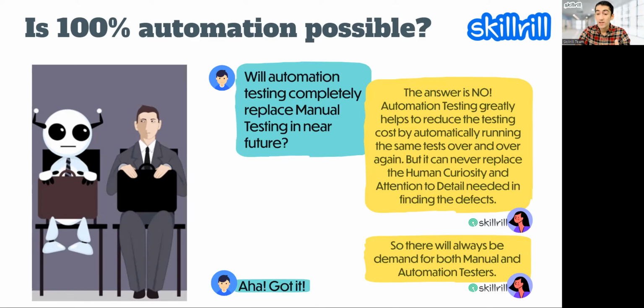When the build is more or less stable, when the manual test cases have passed, this is a good time to start converting those manual test cases into automated test cases. And as I said, and I can repeat that again, it can never replace the attention to detail that manual testers have, the logical thinking that you have, and the curiosity that you have to find the defects.